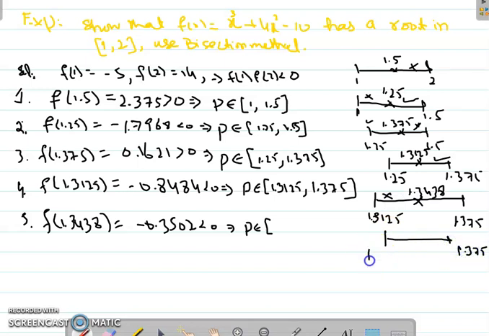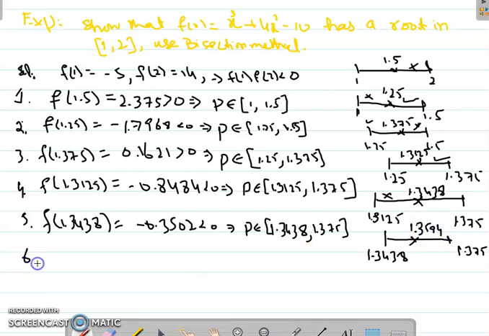So the required root belongs to 1.3438 and 1.375, and we will find the middle point of this interval, which is 1.3594.